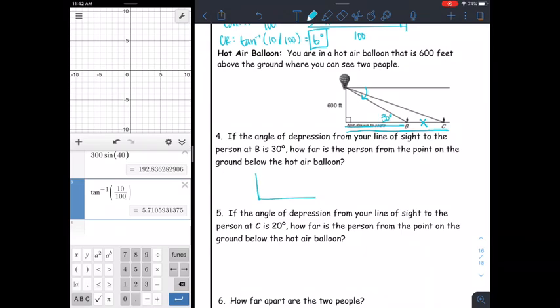I'm going to go ahead and just draw this out separately. I've got my 600 and 30 degrees, and I need this down here, so I'm going to use tangent. Tangent of my 30-degree angle is equal to the opposite 600 over the adjacent x. So calculator ready, I'm going to do 600 divided by the tangent of 30.